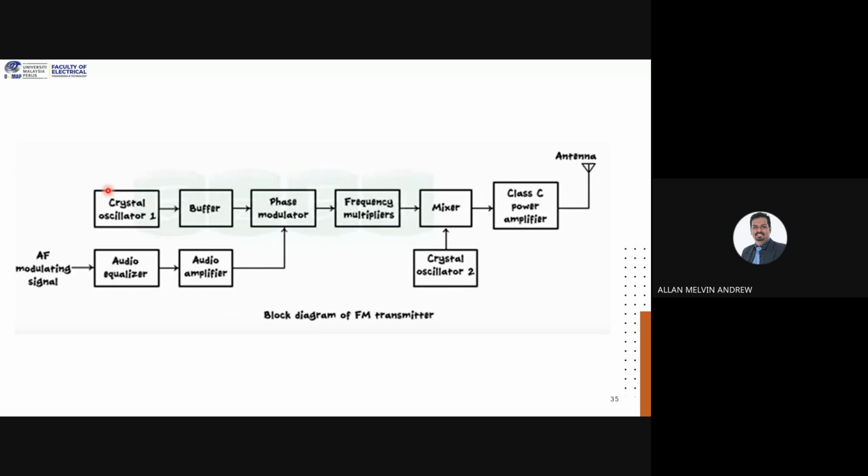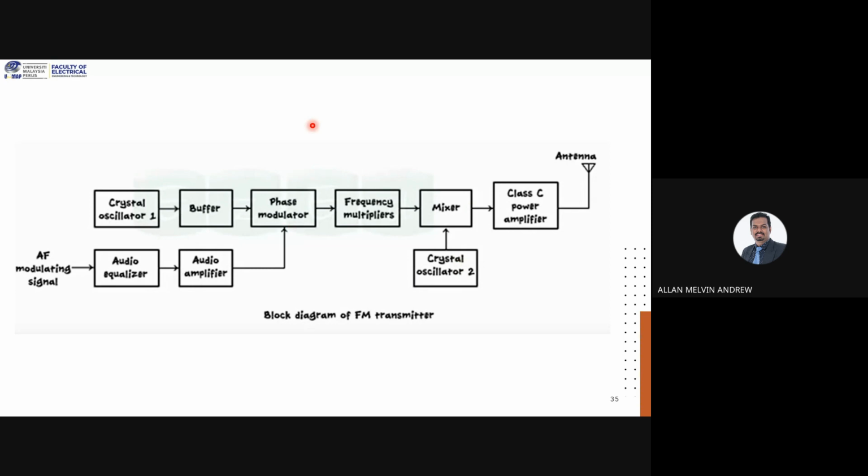Okay, here you have a crystal oscillator and a buffer amplifier. Here you have your message signal, which enters the audio processor, is amplified, and then is combined in the modulator. Then you have frequency multipliers and a mixer, then a class C power amplifier. Here you are using another carrier signal.